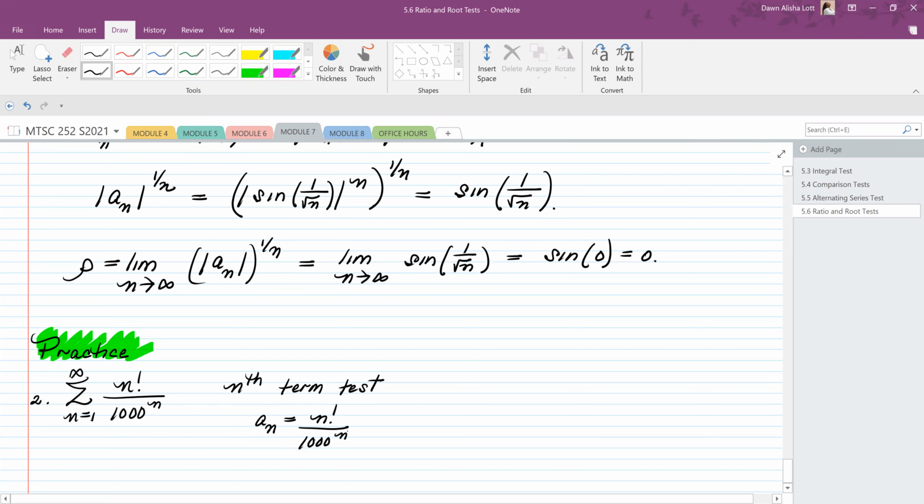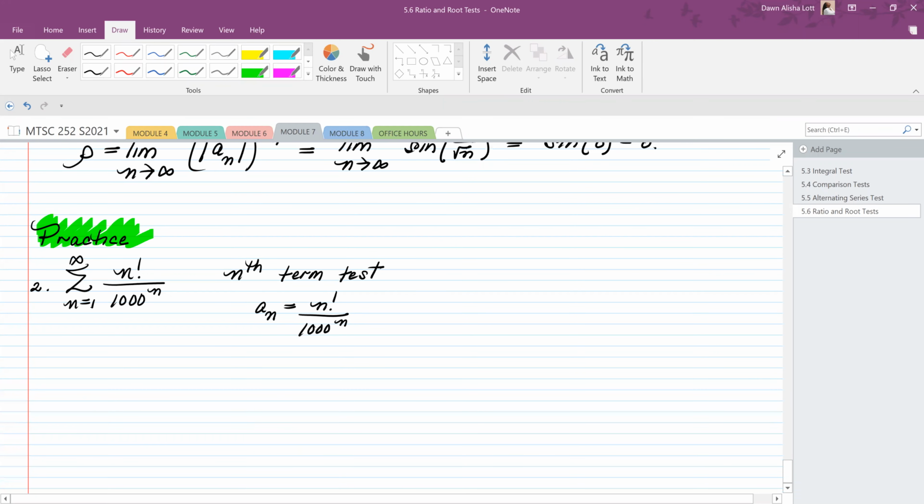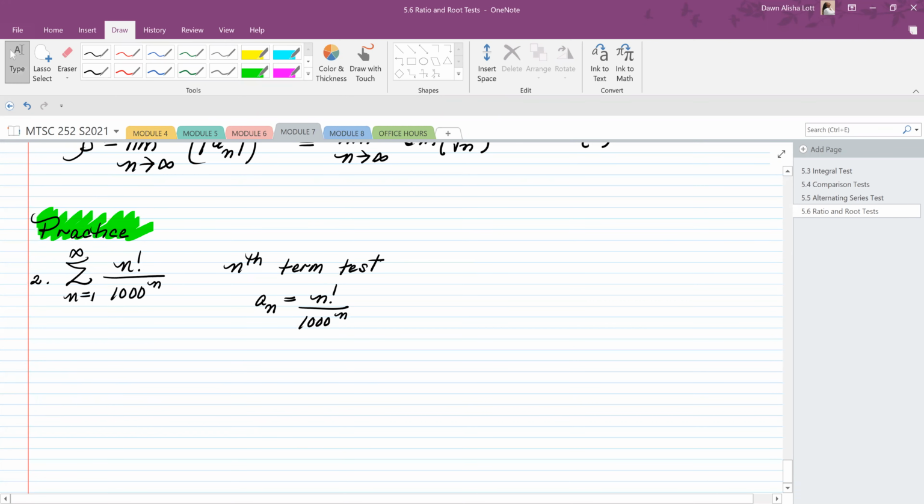But up until we get to the 1,000th term, the biggest numbers in the numerator are anything from 1 to 999.